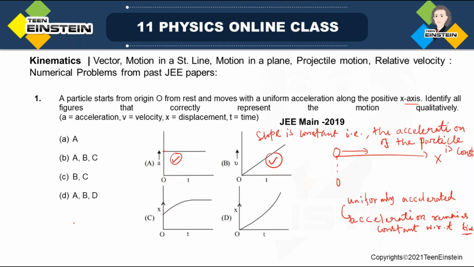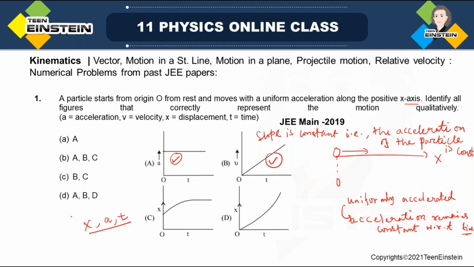So we need to understand what is the relation between displacement, acceleration and time. You have to find out that relation. Okay, so the clue is that the acceleration will be uniform.